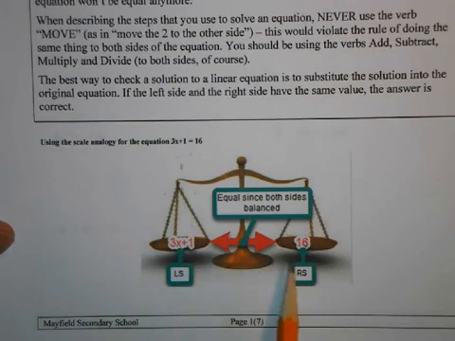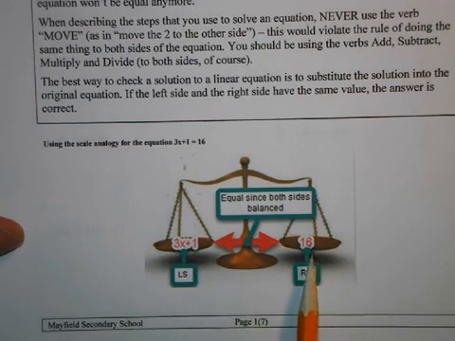So I can do a number of things. In terms of math, I can add something to both sides. I could add 4 to both sides, still balanced. I can take away 10, still balanced. I can multiply both sides, for example, multiply both sides by 2, it's like doubling. If I do that to both sides, it's still balanced. Or I could divide both sides by 3, and it's still going to be balanced.